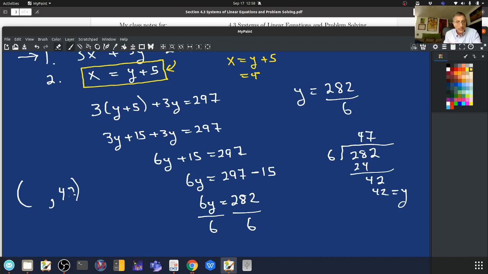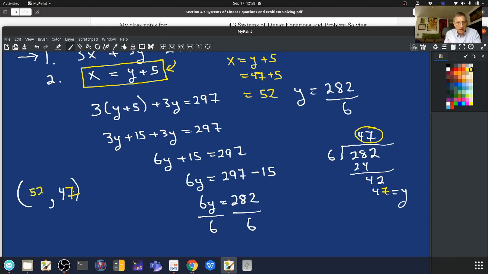I have 47 written down. Oh, that's the reason I'm saying 42. y is equal to 47, this number right here. So x is equal to 47 plus 5, which is equal to 52.